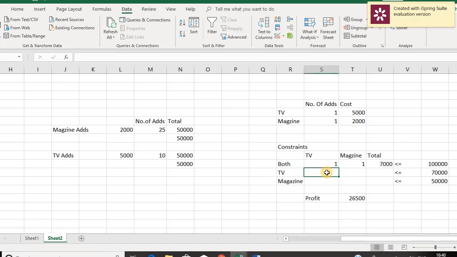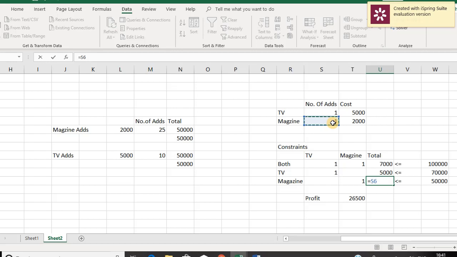Especially, TV ads times the cost of each ad should be less than or equal to $70,000. Similarly, the magazine ads are equal to the magazine cell, each ad times the number and the cost per ad.